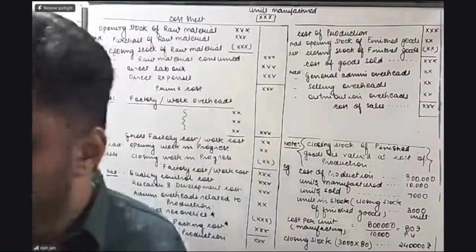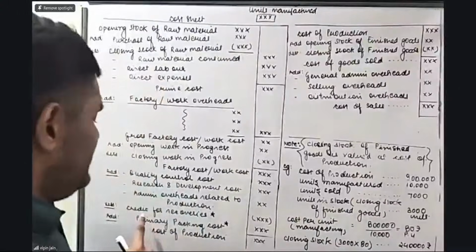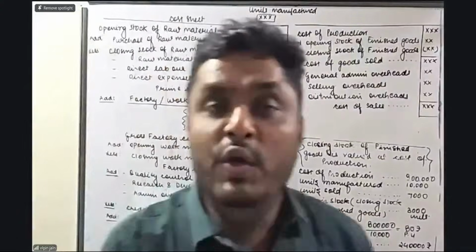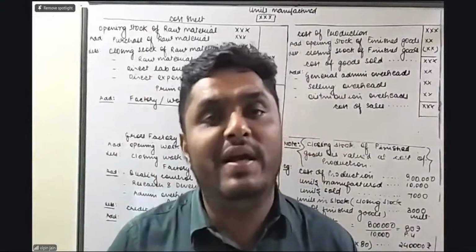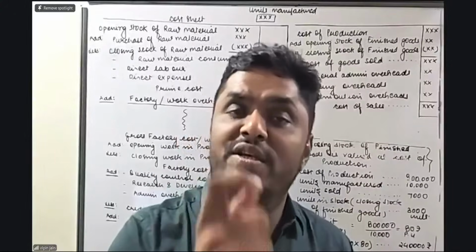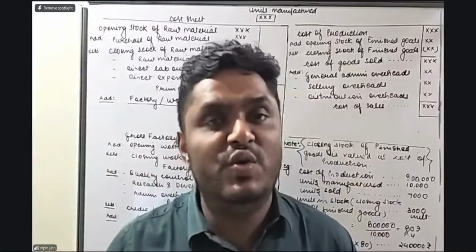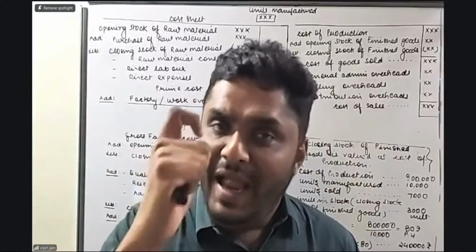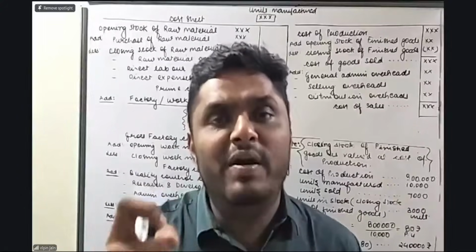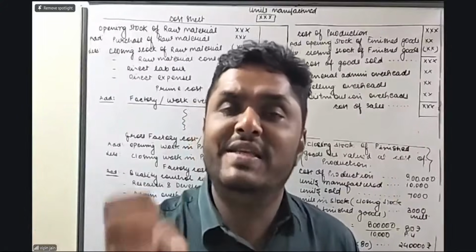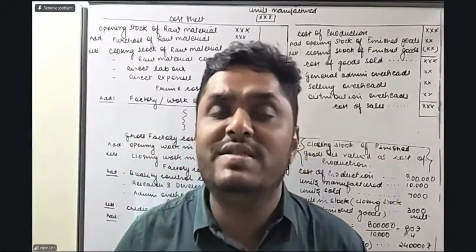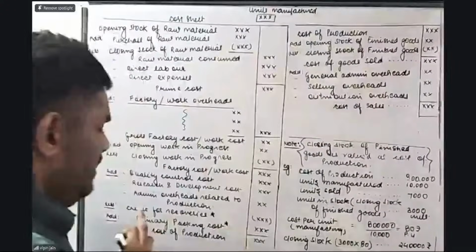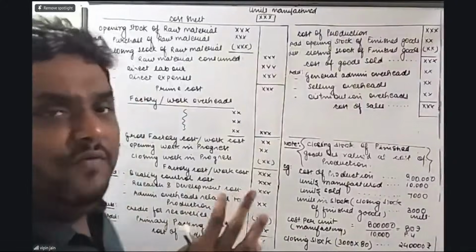Maithili, credit for recoveries, as I've explained: during the course of manufacturing the main product, some scrap or byproduct is generated. As I mentioned, during the course of manufacturing sugar, molasses is generated. That molasses, the byproduct, is sold in the market for a nominal price. Whatever amount is realized on sale of molasses is what we call credit for recoveries.